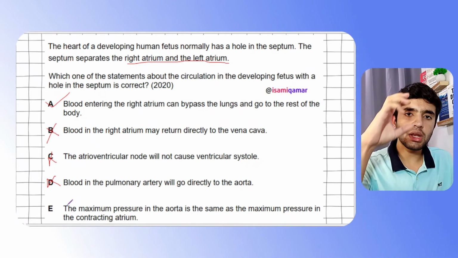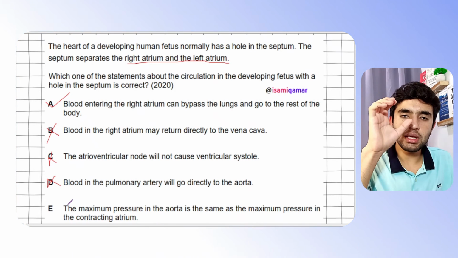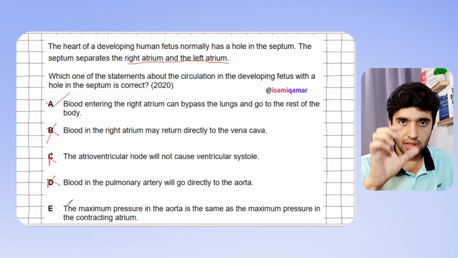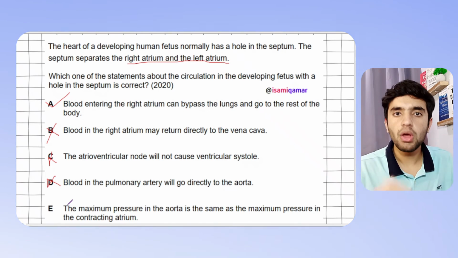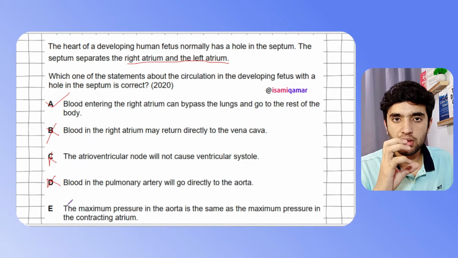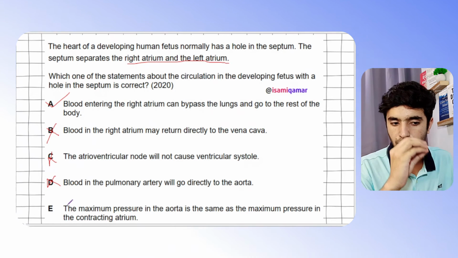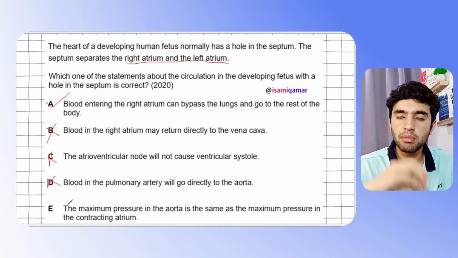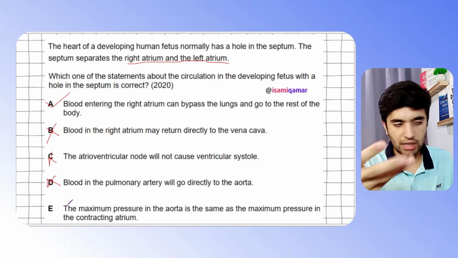If pressure in the atria rises, the AV valve, the tricuspid valve if it's the right atrium, will open and blood will pour into the right ventricle. When the pressure in the right ventricle gets very high, the semilunar valve in the pulmonary artery will open and blood will pump to the lungs. So now here is how it happens.